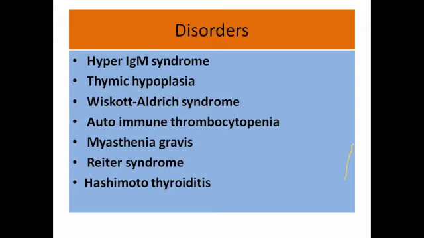And the next is autoimmune thrombocytopenia. In this condition, the immune system mistakenly attacks the platelets, due to which the platelet count decreases. Among the signs and symptoms, we can see bleeding, pinpoint-sized reddish and purple spots on the lower legs.